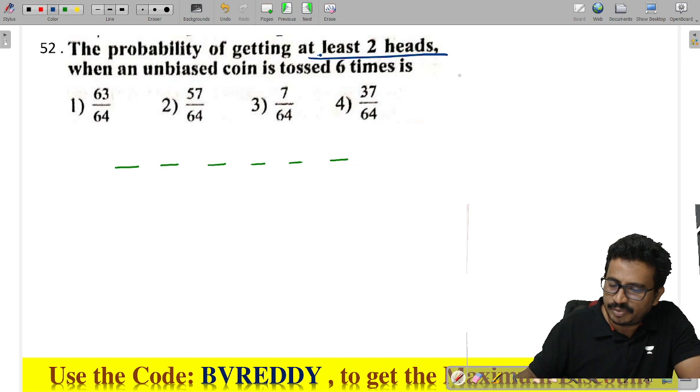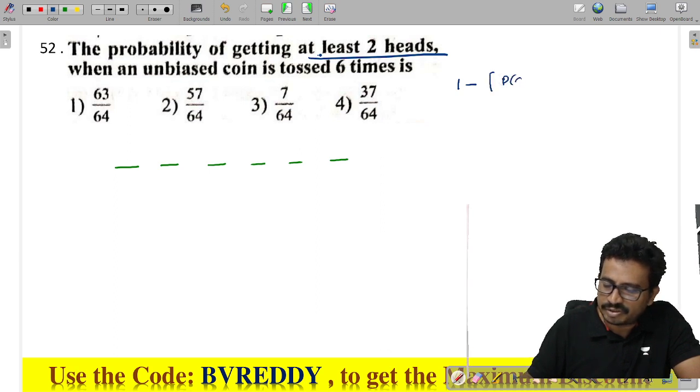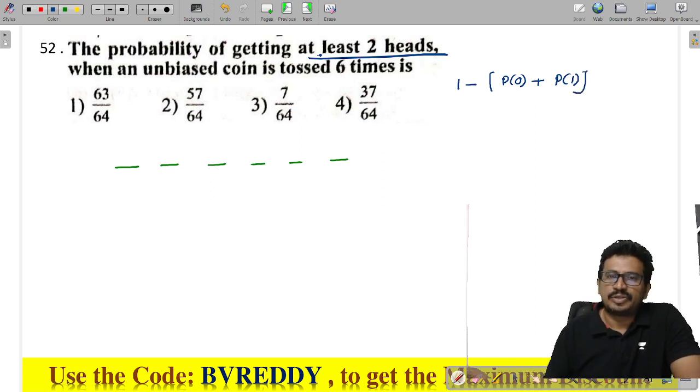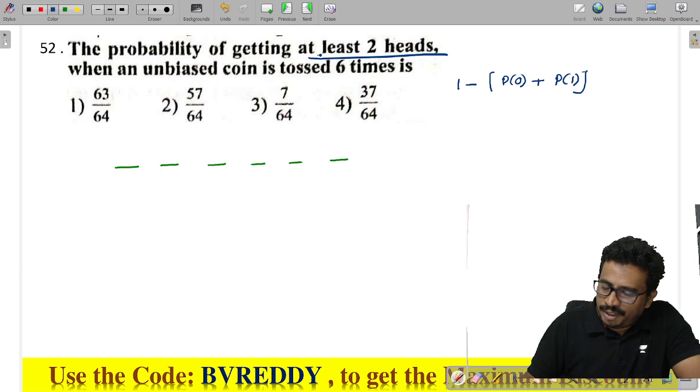Minimum two means I can see this as 1 minus the probability of getting 0 heads and the probability of getting 1 head. I can do this, because if you want at least 2, that means 2, 3, 4, 5, 6, so many combinations are possible.